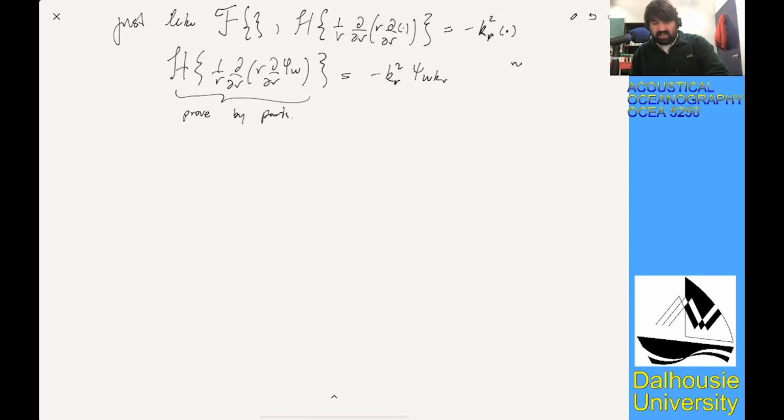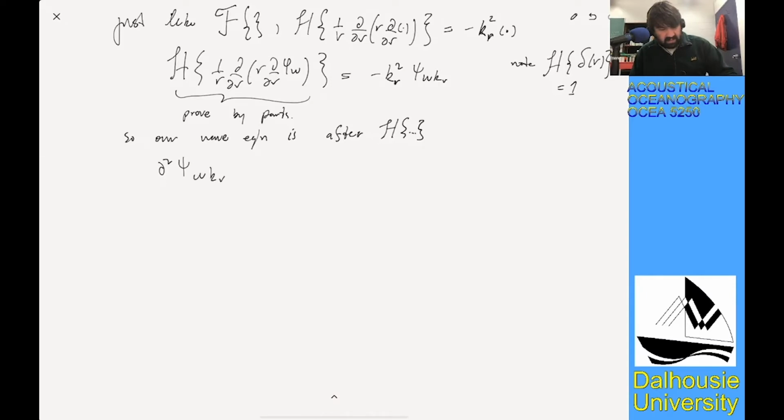And also note, just as an aside, the Hankel transform of the delta function of r is just equal to 1. Well, that's going to be very handy with the right-hand side. So what does our wave equation look like? Well, after we transform it, we still have this z part untouched, d by dz squared of psi omega kr, the doubly transformed pressure field.